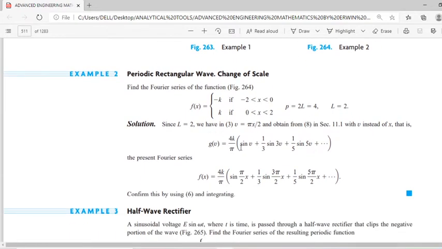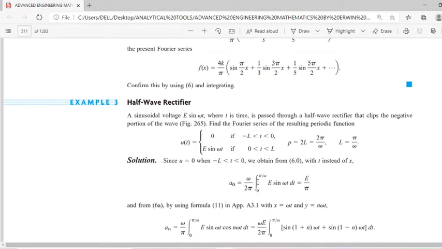So here also a naught will be 0. I expect a naught equal to 0. You can verify that, and then an will be 4k by pi into a1, then a3, a5, etc. So you can verify that, so that the Fourier series will be like this. Instead of nu, we can substitute pi by 2 x. So you have to verify this problem also.